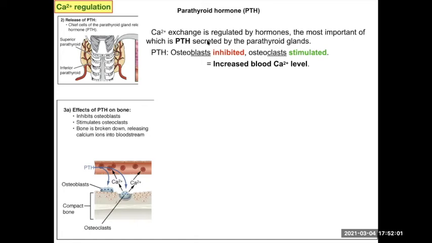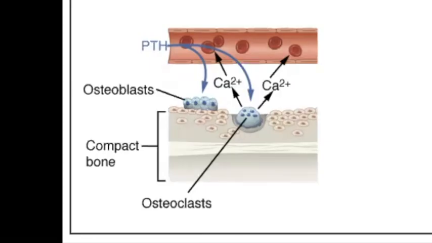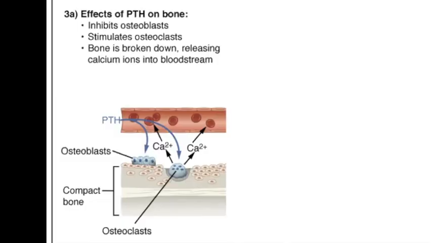It travels in the blood, and when it gets to the bone tissue, it promotes osteoclast activity, which eats up bone and releases calcium. It also inhibits the osteoblasts, which would otherwise take that calcium and make new bone. So osteoblasts are inhibited, osteoclasts are stimulated. Overall effect, you're increasing blood calcium levels.